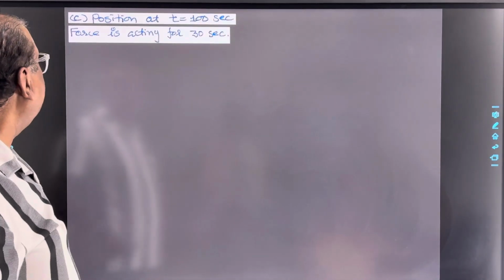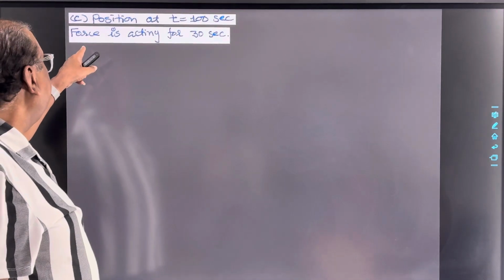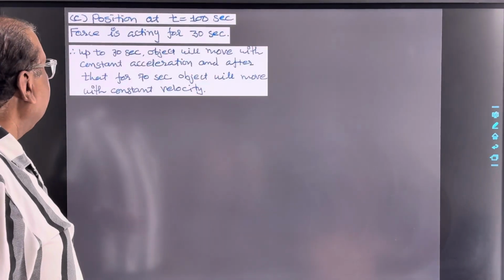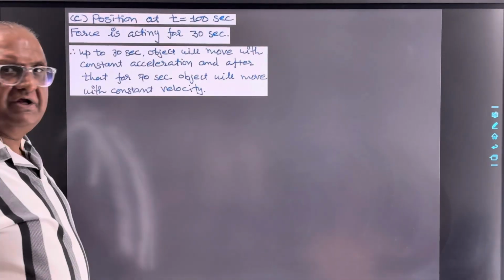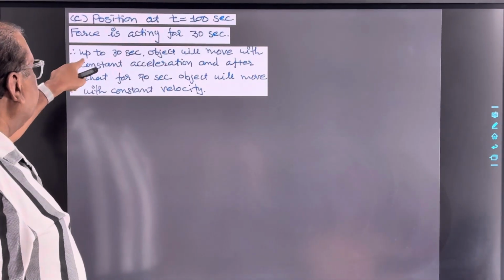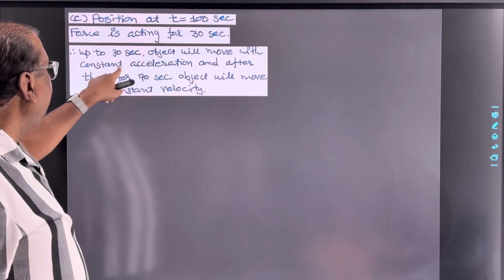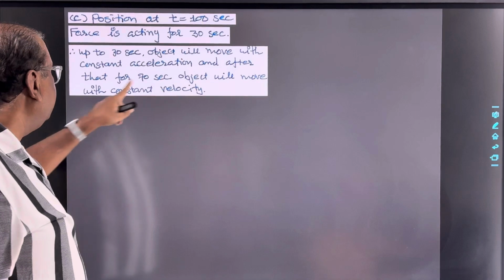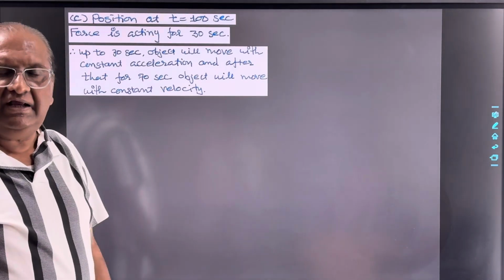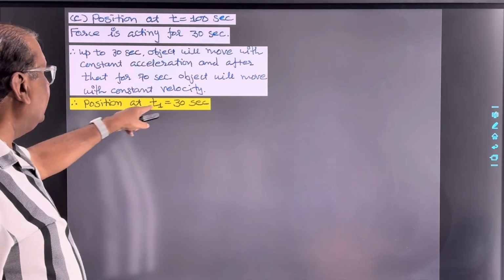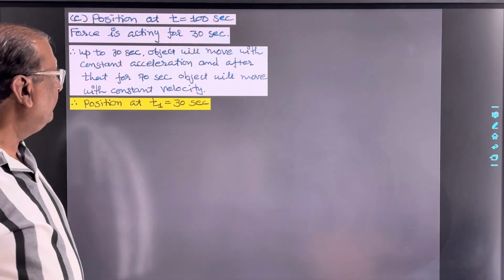So in this manner, first we have to calculate the force acting for 30 seconds. So for that particular situation, we have to find the position. Therefore, up to 30 second, the object will move with constant acceleration, and after that, for 70 second, the object will move with constant velocity, which I already explained. Clear? Now, position at t1 equal to 30 second.